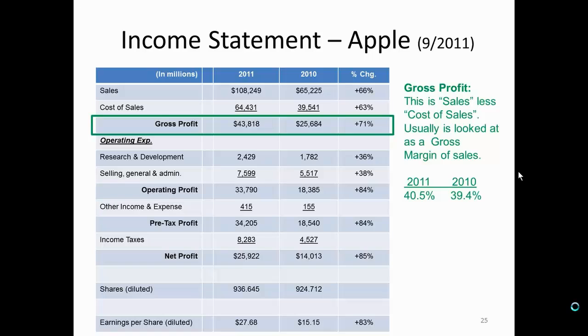Next is the gross profit line. This does not always show up on the statement itself, but it's easy math. It's just sales less cost of sales gives you gross profit. And we can convert it to a margin by dividing by sales. So you can see for 2011, the gross margin percent for Apple was 40.5%, which was a percent better than the gross margin for 2010.